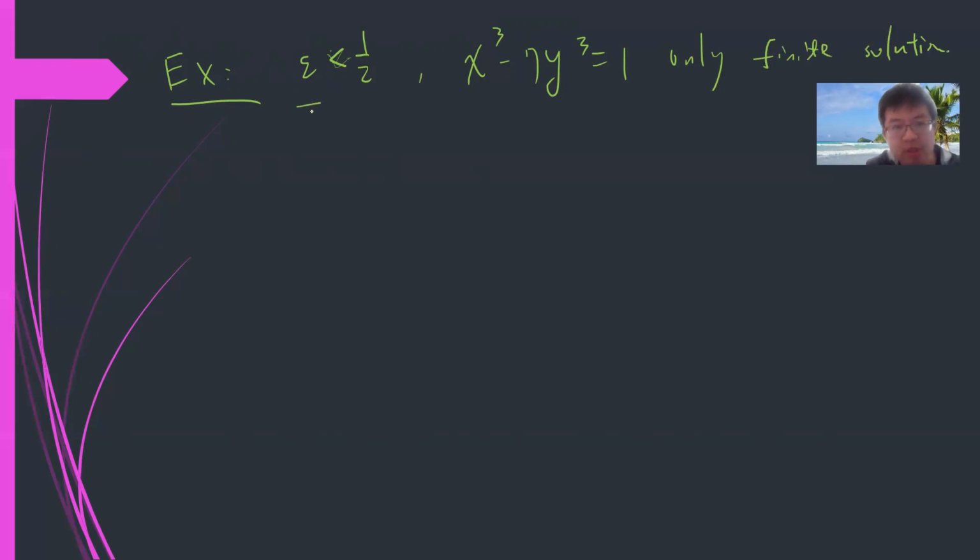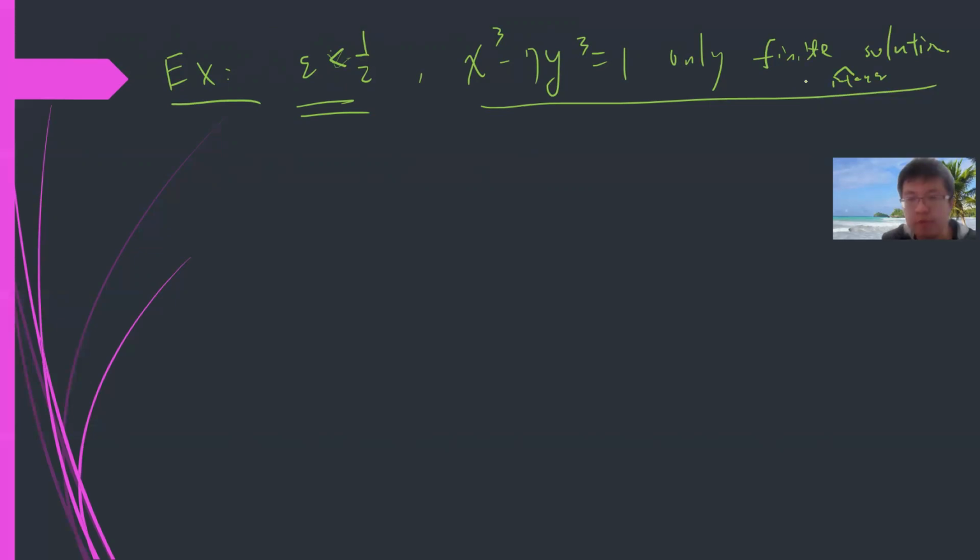Okay, so if you believe that the ABC conjecture is true for epsilon less than half, then you can prove that this equation only has finite integer solutions. You can prove finite integer, but in my case I work in positive integers. Okay, so the proof is also, yeah, you don't need this.